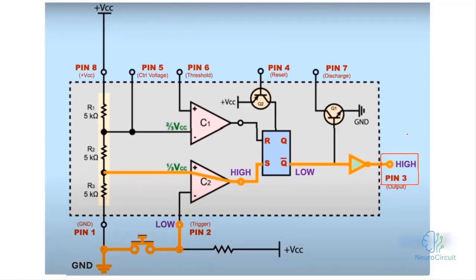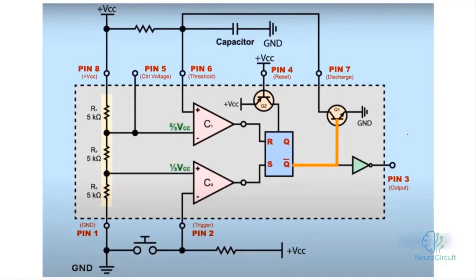Now, in this diagram where I want to talk about the monostable mode, we can use the same circuit that we had for pin 2 in the bistable mode and configure it the same way for pin 2 in the monostable mode as well. Now, in this part as well, if I press that button, the output goes into the high state. Now, to reset or reconfigure it, we need to look at how the discharge pin, which is pin number 7, works.